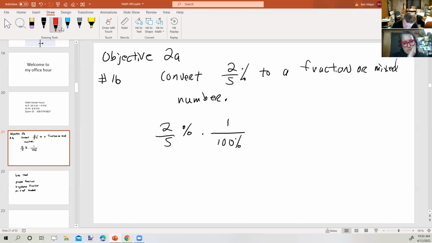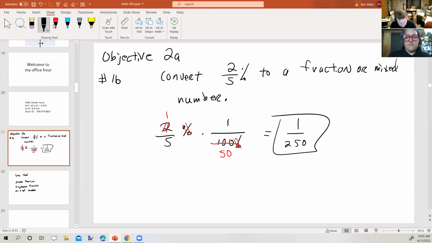So now the units of percent on top and bottom cross out. I have 2 times 1 over 5 times 100. I can further reduce. 2 divided by 2 is 1. 100 divided by 2 is 50. So now I have 1 times 1 over 5 times 50, 1 over 250, final answer.